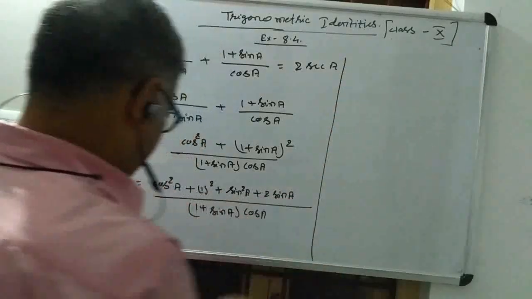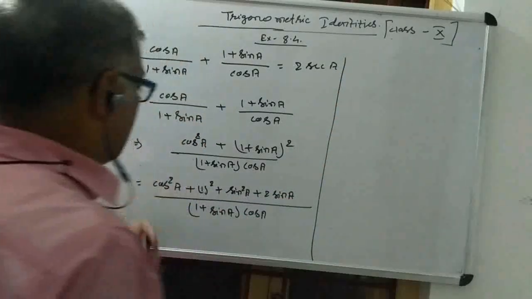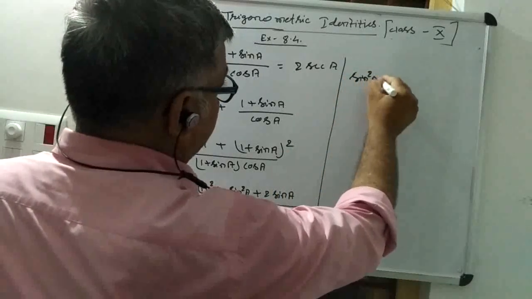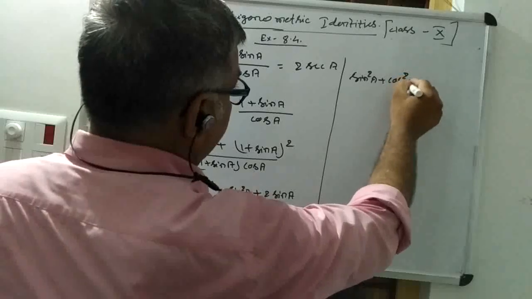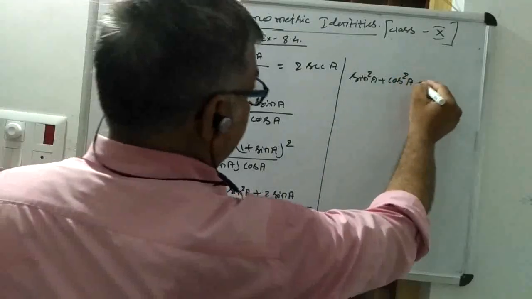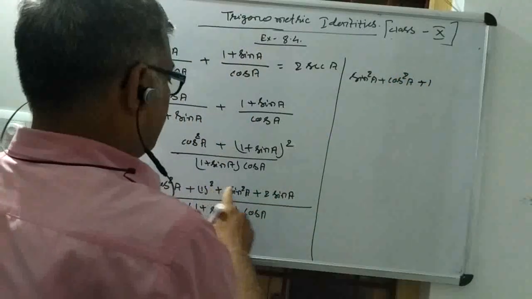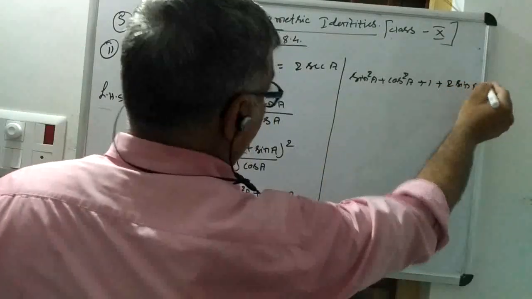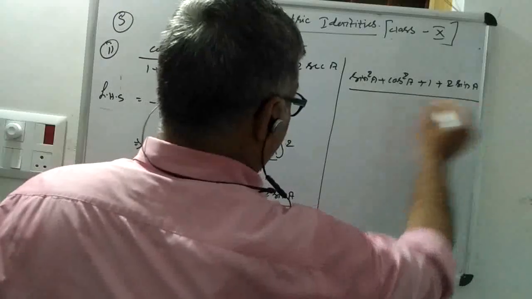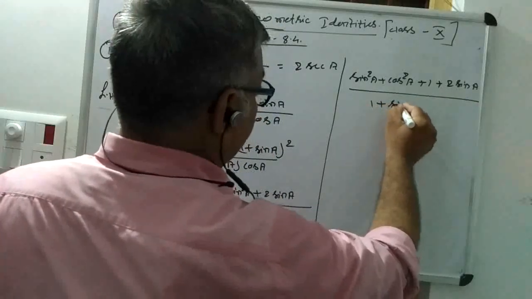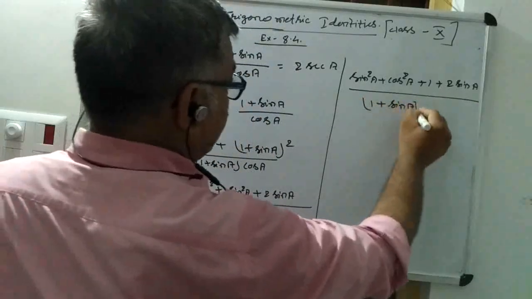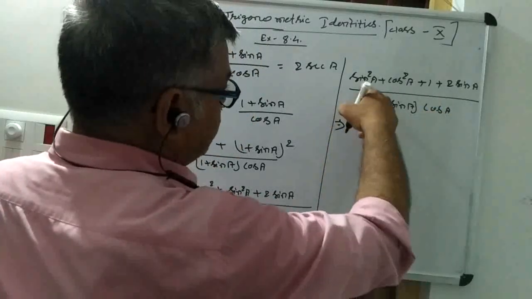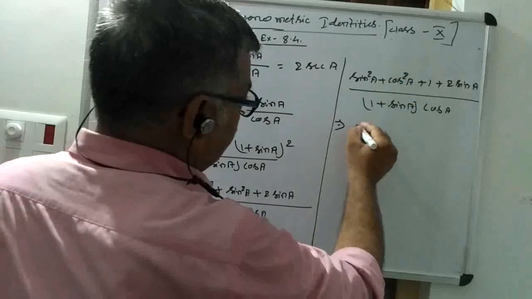Now children, arrange this: sin square A plus cos square A plus 1 plus 2 sin A, by 1 plus sin A into cos A. And we know that sin square A plus cos square A equals 1.